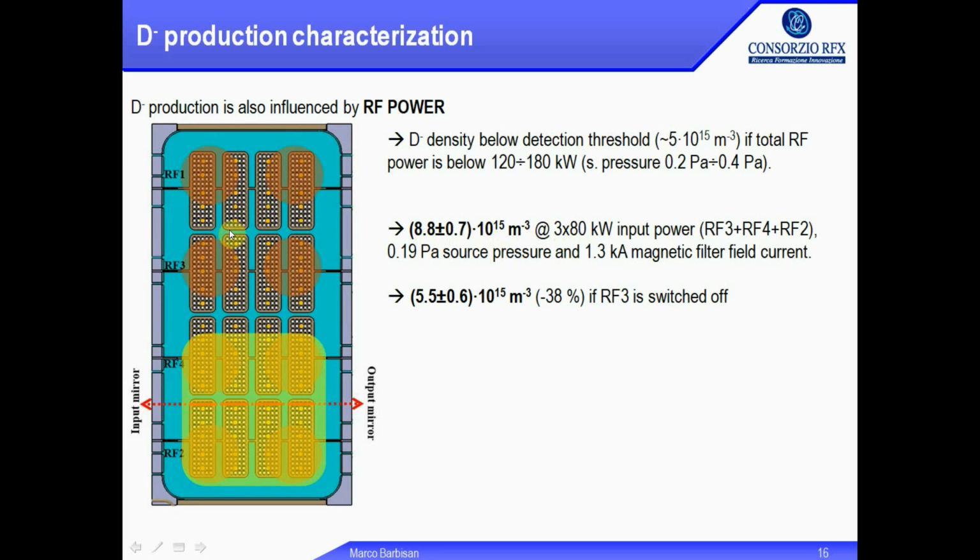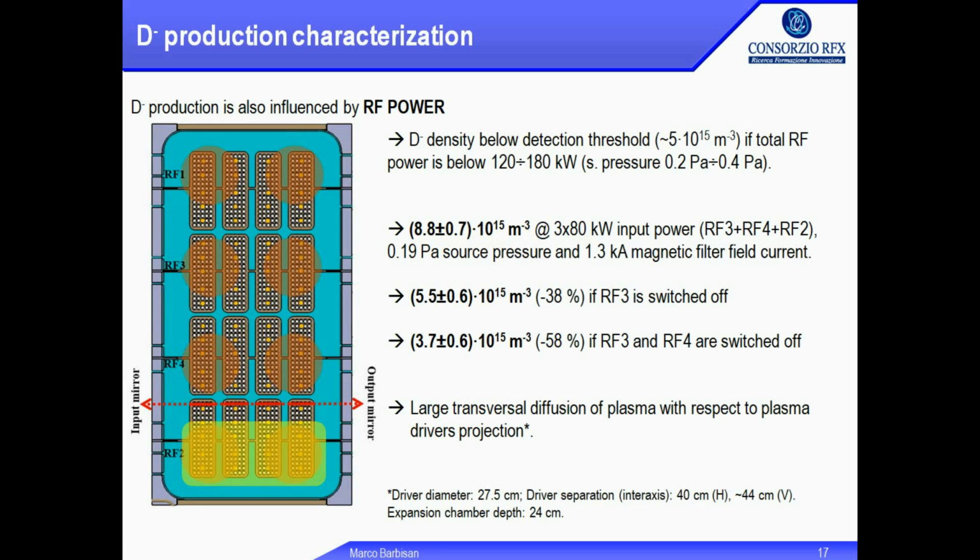By switching off this couple of drivers, a reduction of 38% in negative ion density was observed. And by switching off another couple of plasma drivers, a total reduction of 58% was observed. The main conclusion from this is that the plasma in the expansion chamber can diffuse towards the plasma grid over a large area compared to the simple projection of the plasma drivers, which are shown here as orange circles.